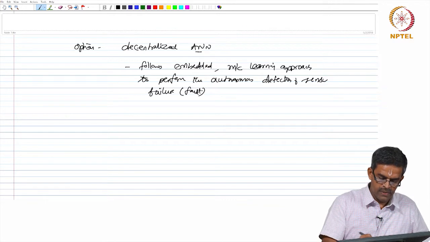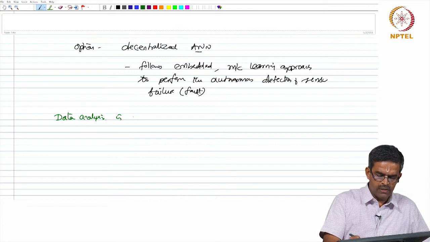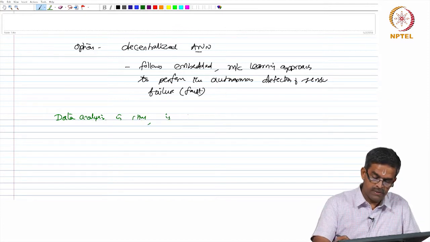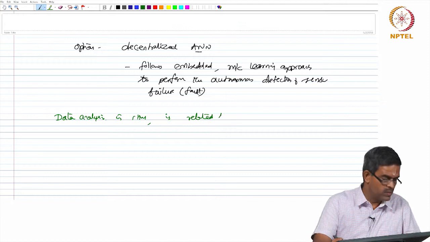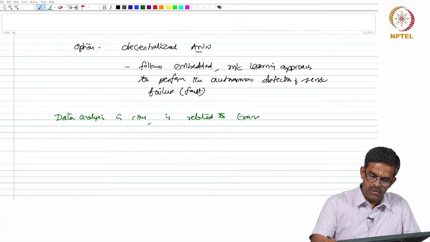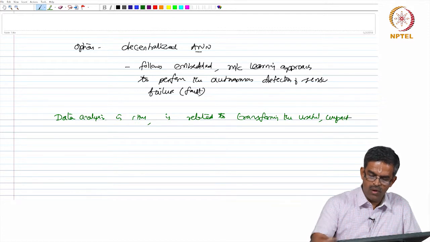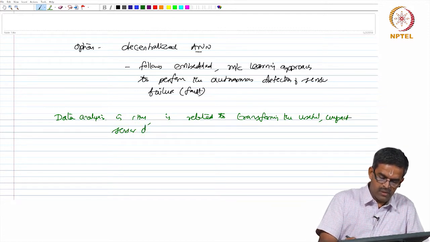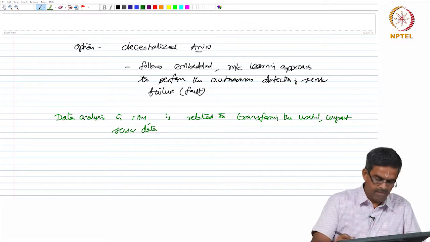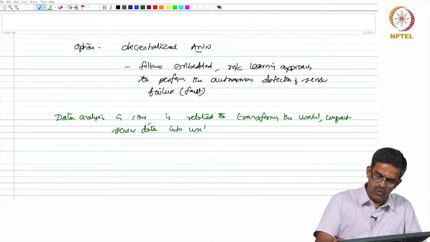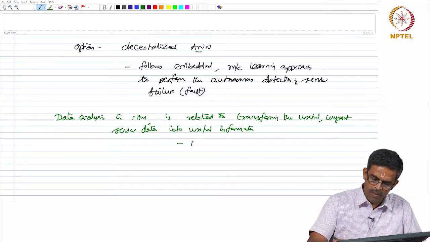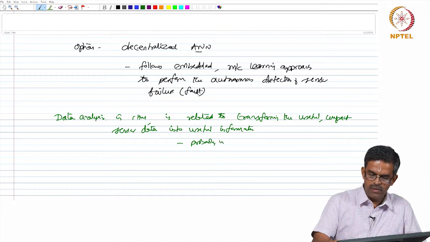Therefore, friends, data analysis in structural health monitoring is related to transforming useful, compact sensor data into useful information, probably in the knowledge format.